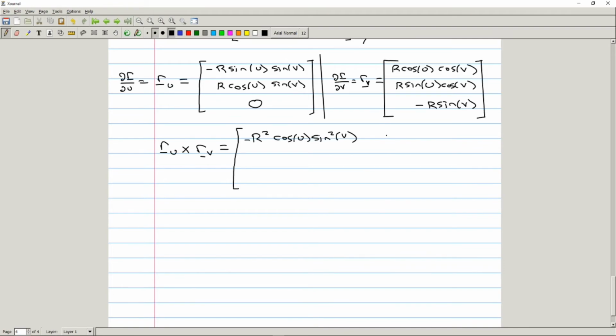And then it'll be minus 0 times this right here. The next one will be negative times this times this, which is negative times negative, so it's positive r squared sine of u times sine squared of v.